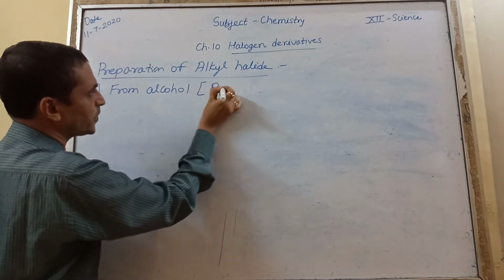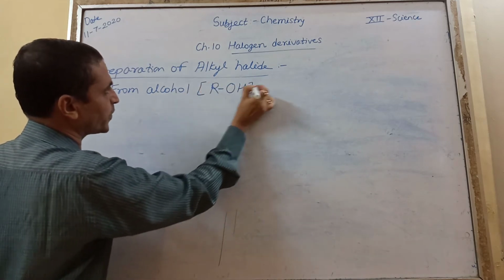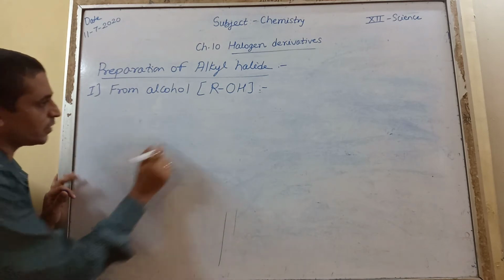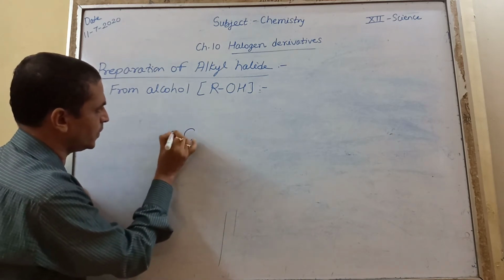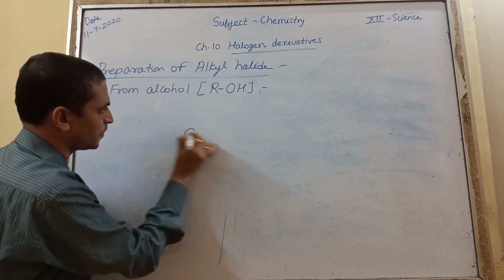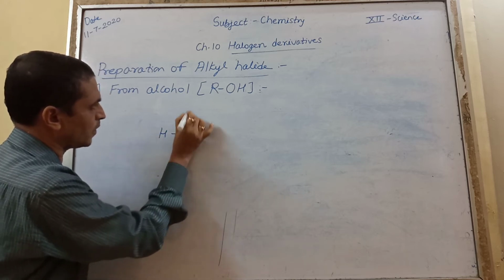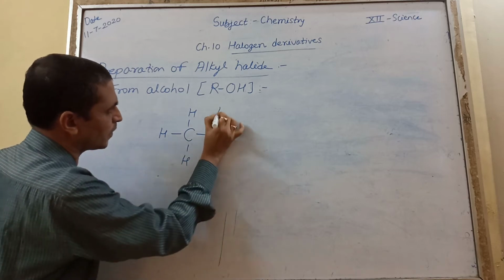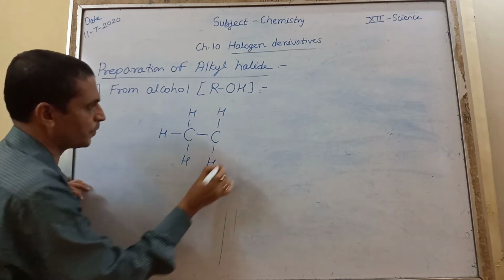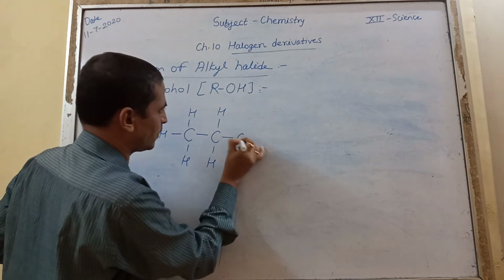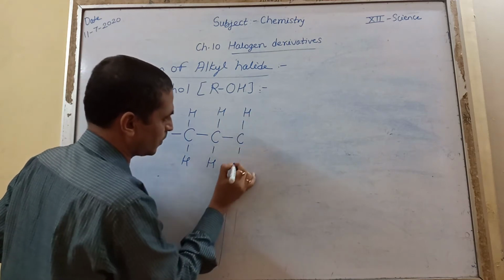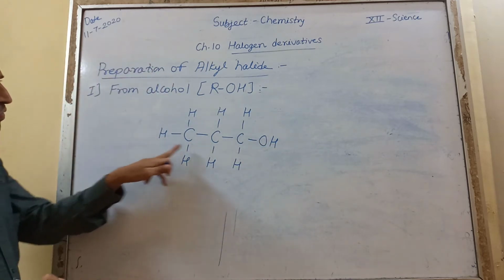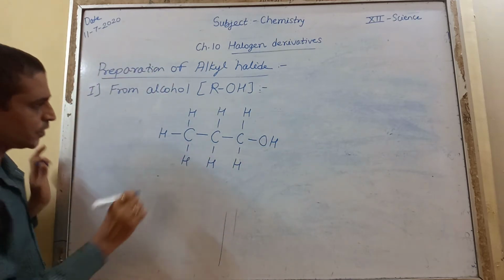Alcohol can be represented as ROH. Remember this. I'll show you one example. CH3 CH2 CH3.